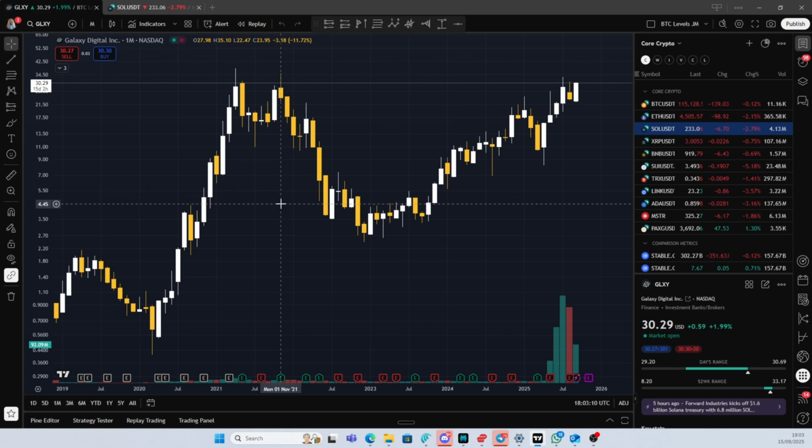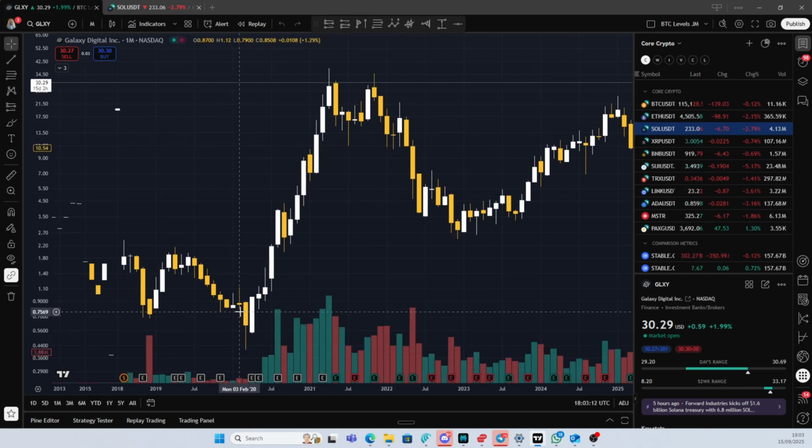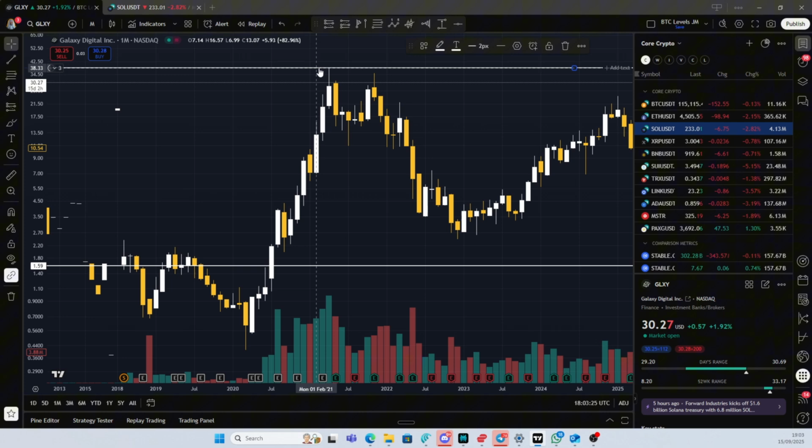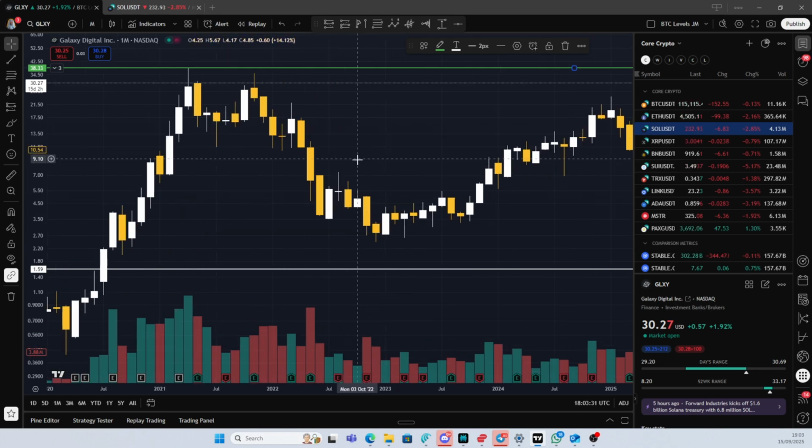So looking at the chart itself and where the levels are, I think we can see quite a nice wave pattern. If we go back and look at some levels, we've got a nice monthly level there. We will map out at the top here the high of the previous impulse.